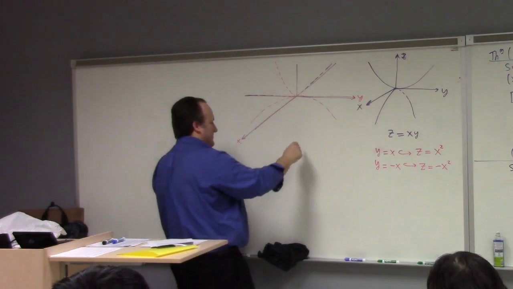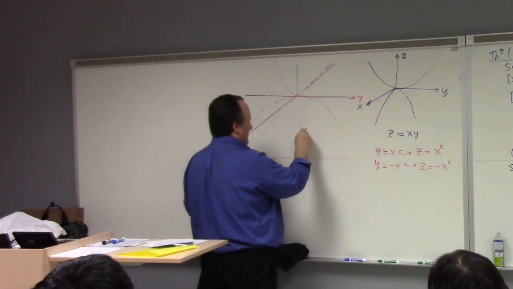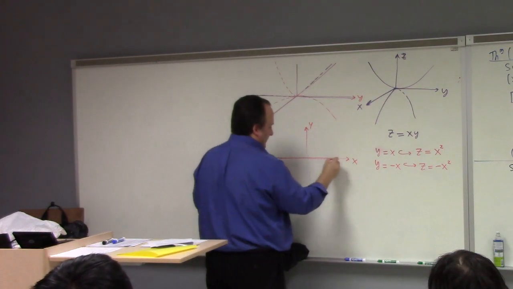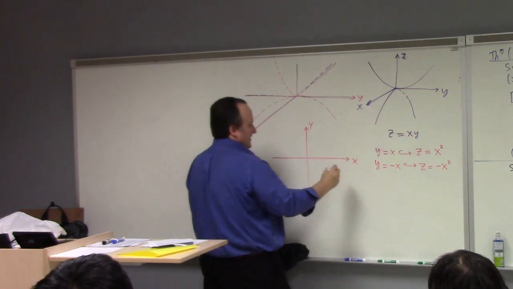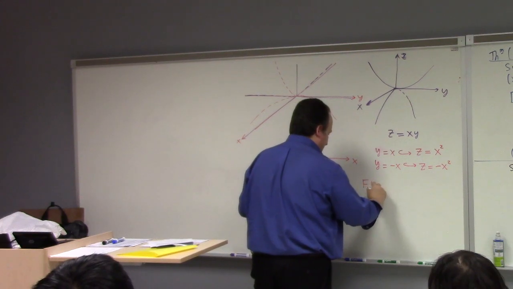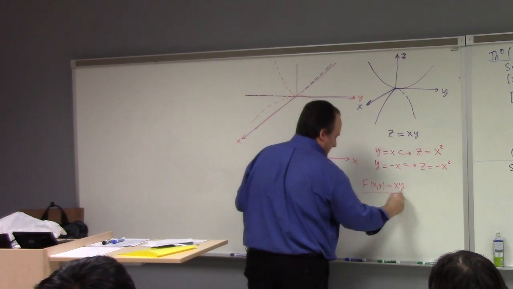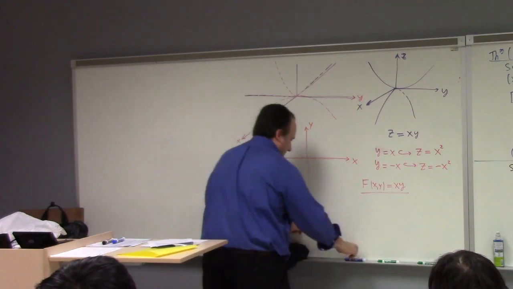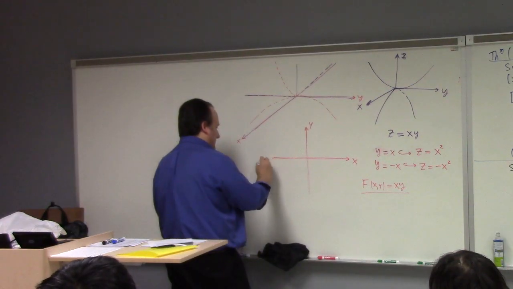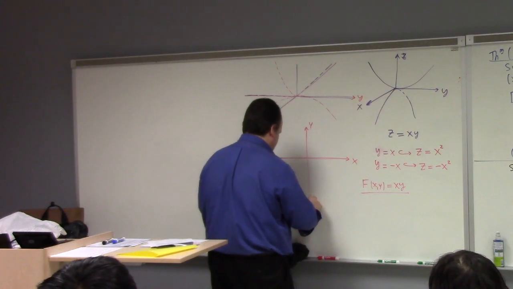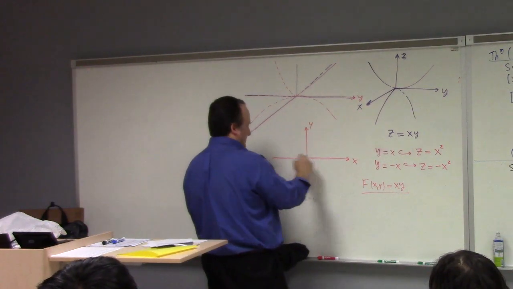Maybe it helps to just look at it this way. Here's level 0, if I think about f of x comma y equals xy as my function. So like my contour, here's c equals 0.